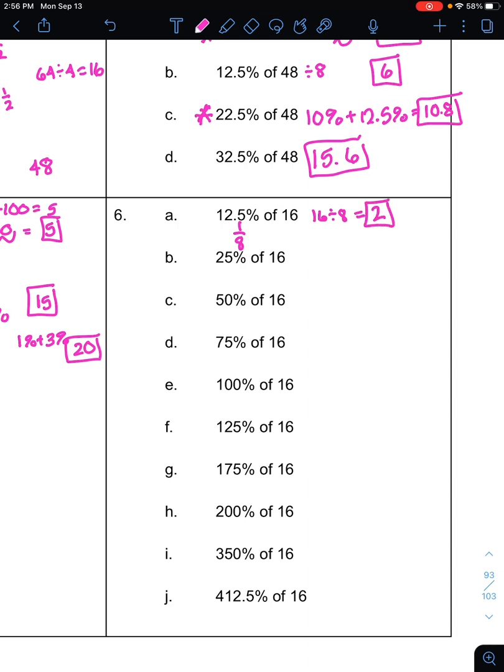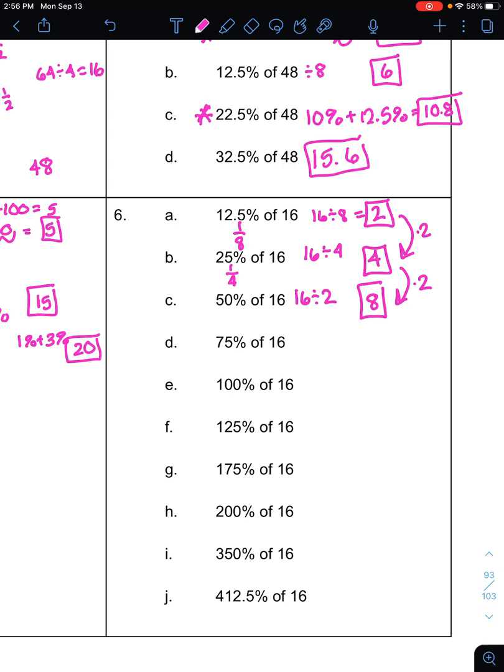For 25%, I could do 16 divided by 4 because it's 1/4. Or I could simply double my answer from 12.5%. Either way, you get 4. For 50%, I can divide it by 2, or I could double my answer from 25% to get 8.